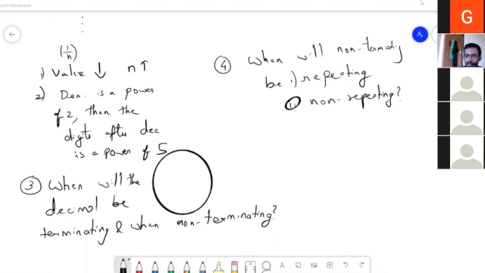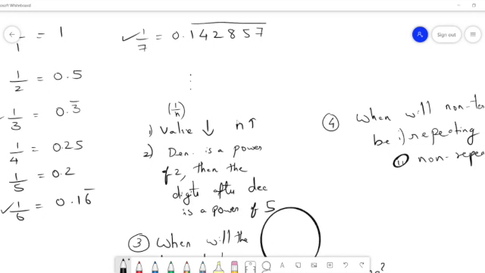Yes, Gauri ma'am, perfect. But can you make a further characterization of the denominator? Wow, Bhagesh ma'am, what an observation!